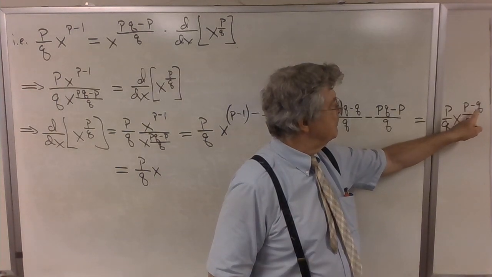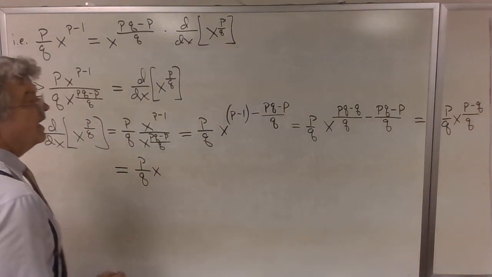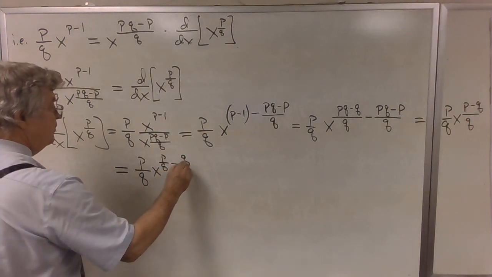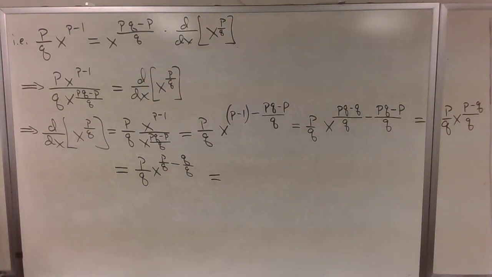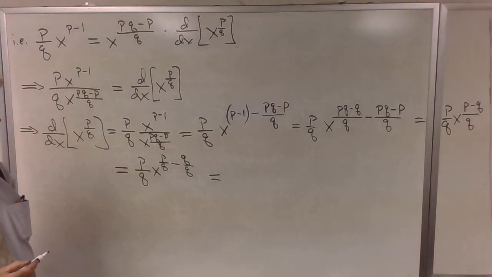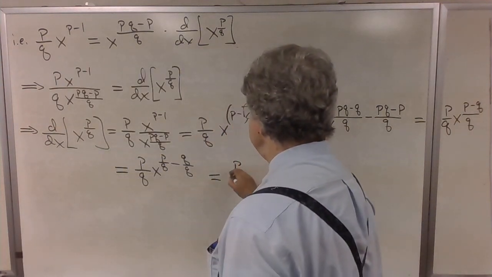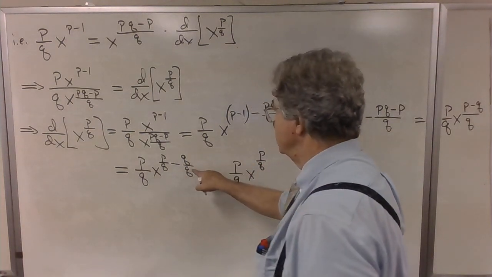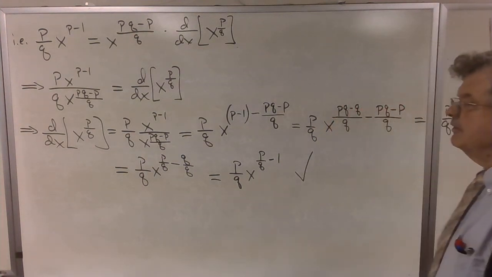I'm going to put each term of the numerator over the denominator separately. So I'll have x to the power of p over q minus q over q. Oh, thank goodness. This is working out exactly the way I want it to work out, and I'm not going to embarrass myself after all. So that's p over q, x to the p over q minus 1, which is exactly what we were supposed to get.